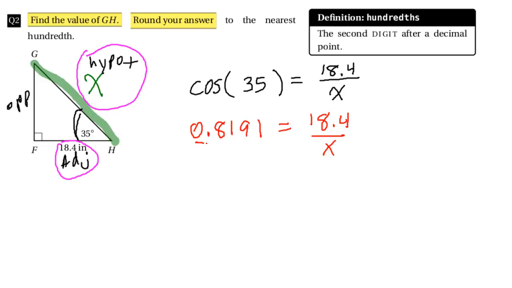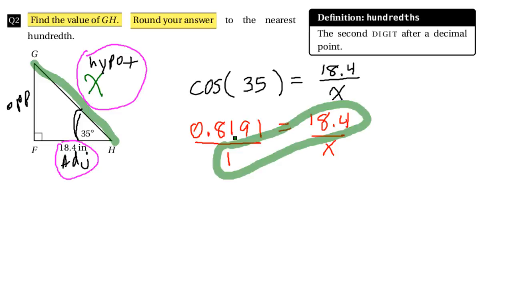And now taking the left-hand side and putting it over 1 and cross-multiplying, I can see that the number 1 is going to get multiplied by 18.4.